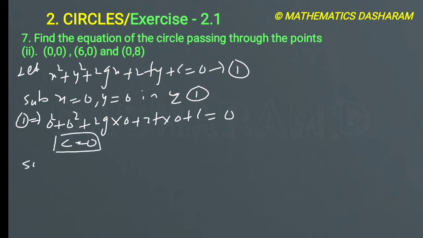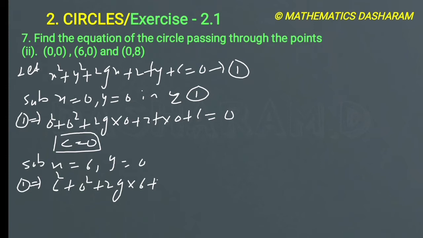Next, substitute the second point, that is x = 6, y = 0. Then equation 1 will become 6² + 0² + 2g·6 + 2f·0 + c, and c we already found is 0.